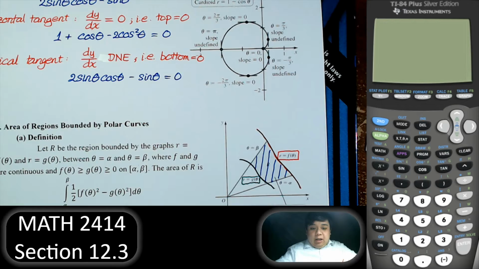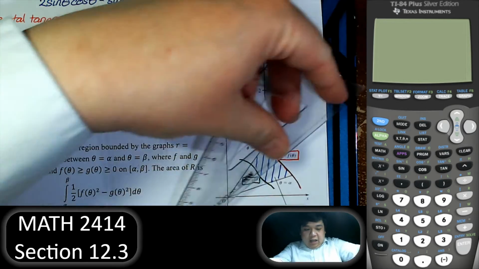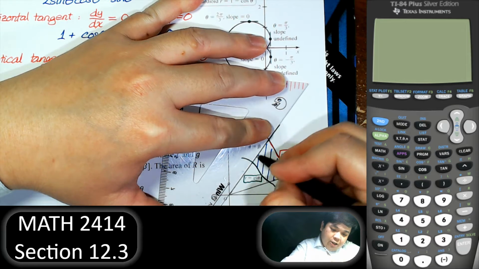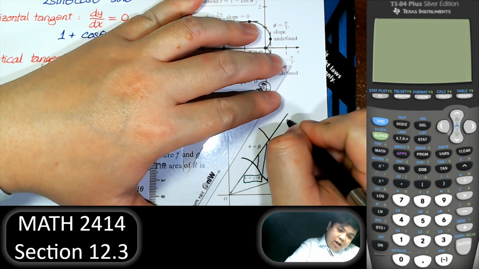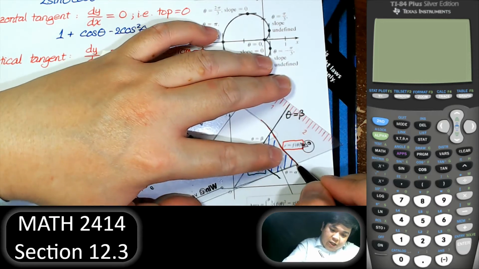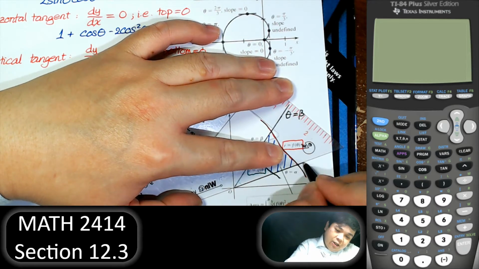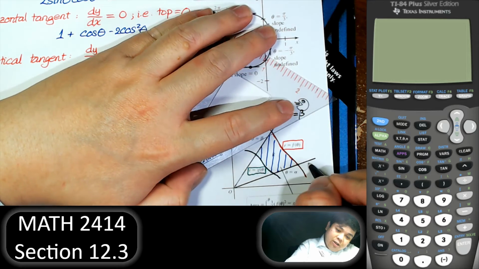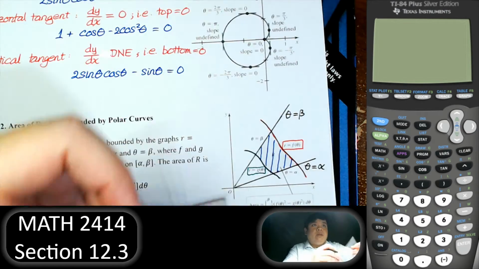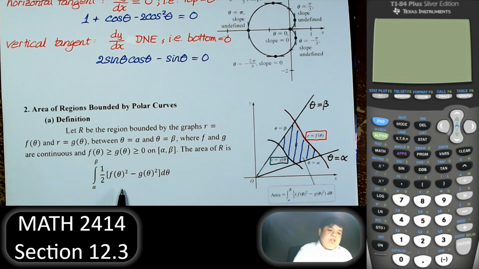And not only that, it is bounded by two lines. One of them is theta equal to beta, and the other one is theta equal to alpha. And the formula is given by that.